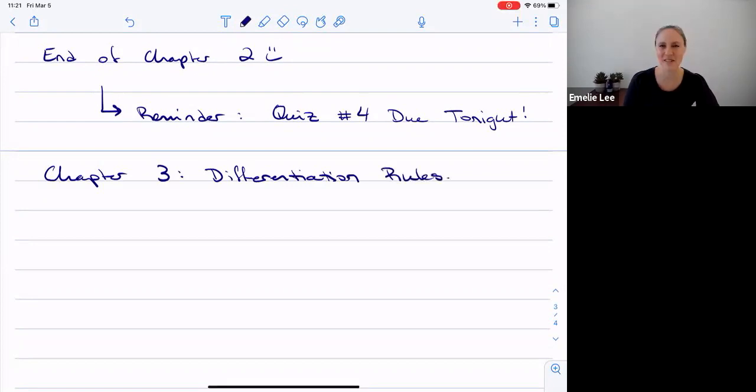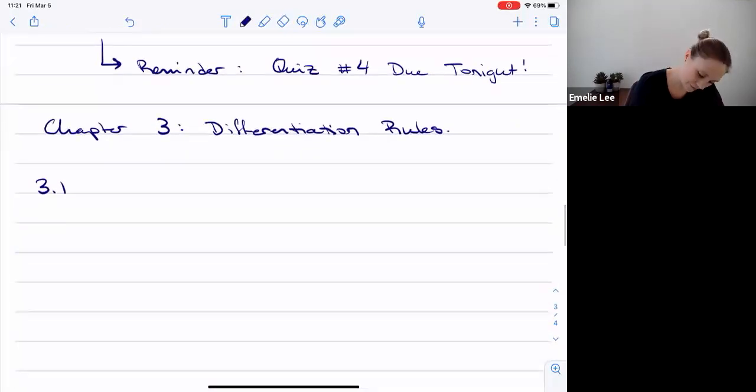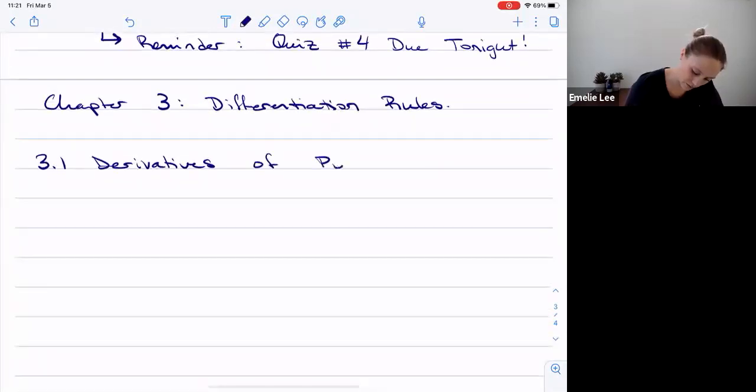In fact, it kind of ends now. I make you do it on the quiz for sure and on the next test for sure, but we'll have easier ways of finding the derivative. So 3.1 is on the most basic derivatives of polynomials and exponential functions.